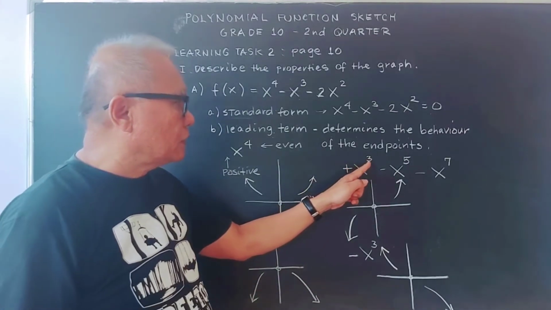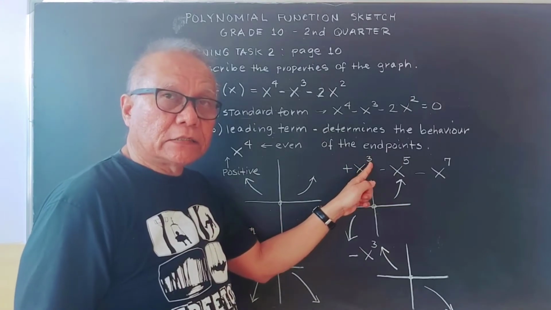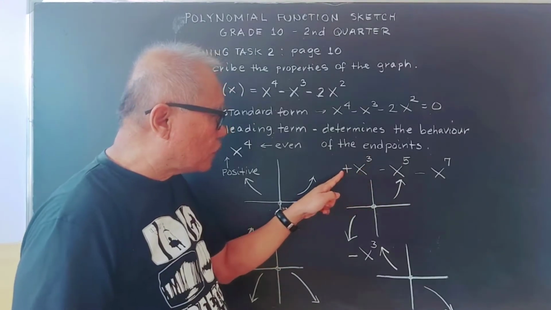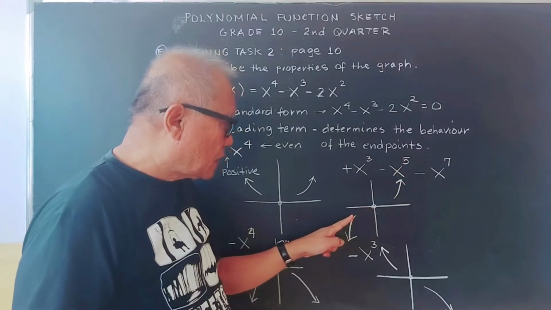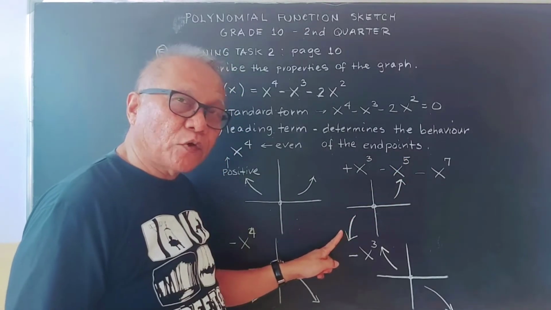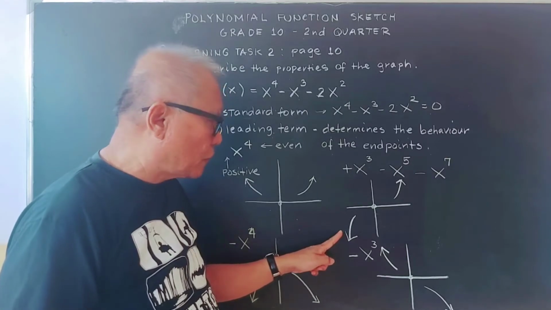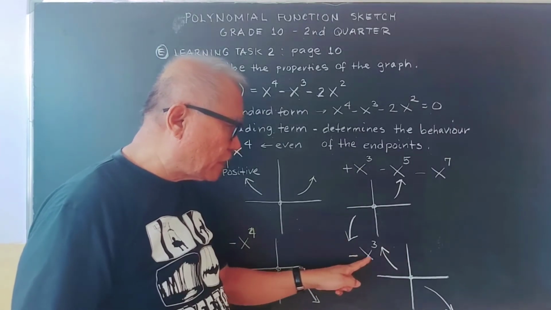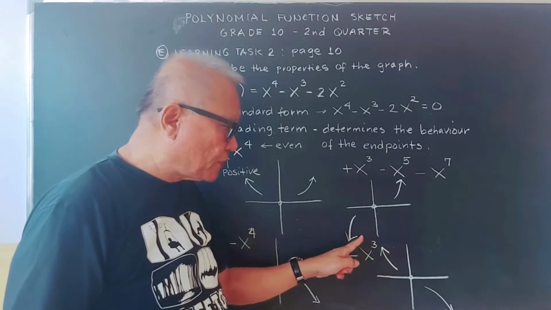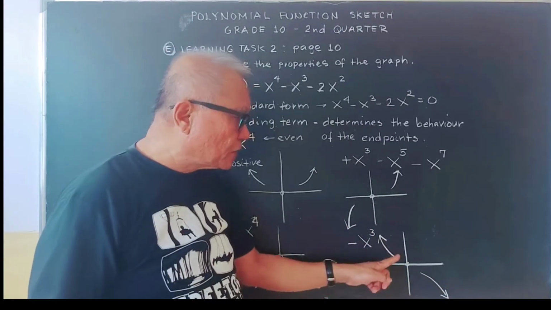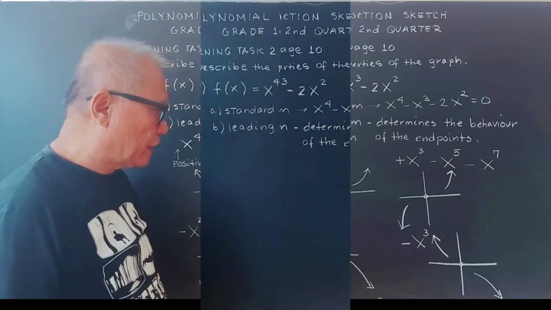Now if the exponent is odd and positive, in the first quadrant the end is rising, in the third quadrant the end is falling or going downward. If that one is negative, then in the second quadrant the curve end is rising up, and in the fourth quadrant the end is going down.